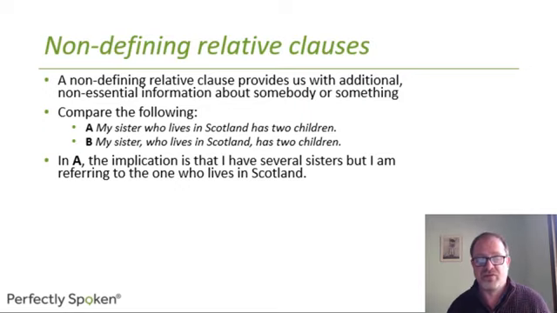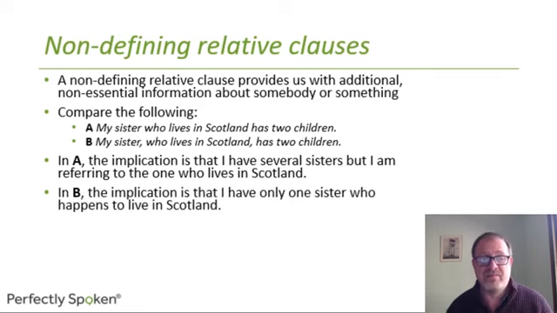In my case, I do actually have several, 4 in fact. And then in B, the implication is that I have only one sister who happens to live in Scotland. This is just additional information. The main information is that she has 2 children. I'm just saying, oh, by the way, she lives in Scotland.